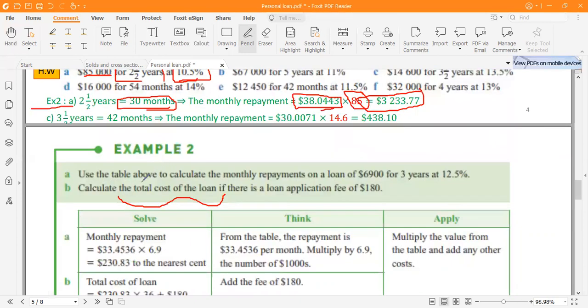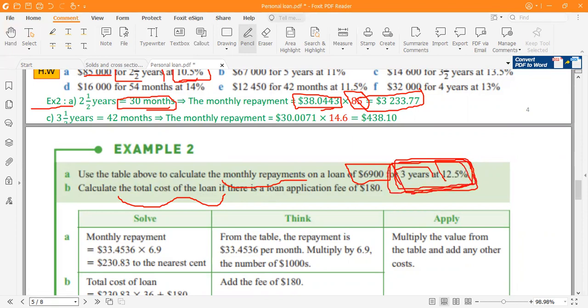So normally it is easy to refer to the table to calculate the monthly repayment on a loan of $6,900 for 3 years at 12.5%. We need these two numbers: 3 years, equivalent to 3 by 12, 36 months, and 12.5%, to obtain the monthly repayment per $1,000 borrowed.